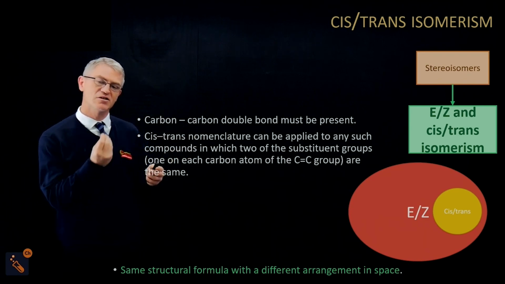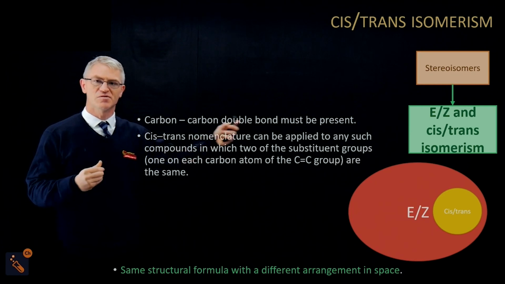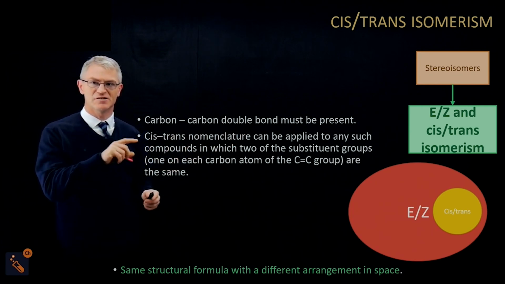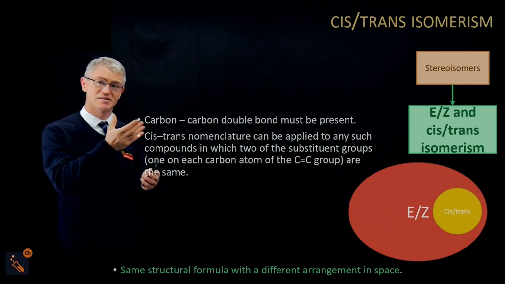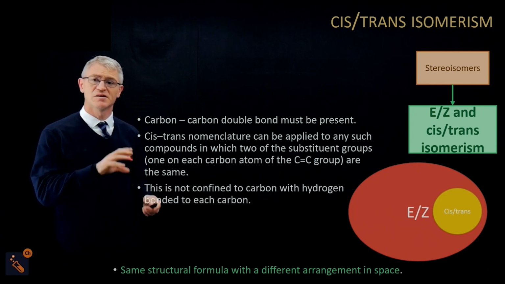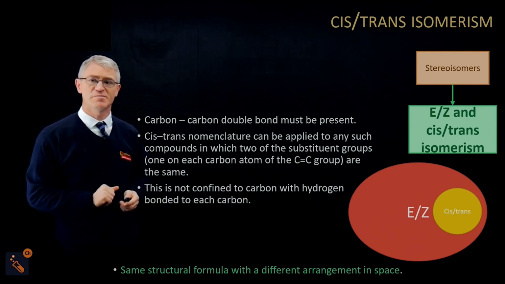So if you have an alkyl group of 1 carbon in length and you have an alkyl group of 3 carbons in length, they're still considered the same in terms of cis-trans, and you can call that molecule a cis-trans isomer. But you need that carbon-carbon double bond because of the restricted rotation, and that restricted rotation stops the groups flipping.